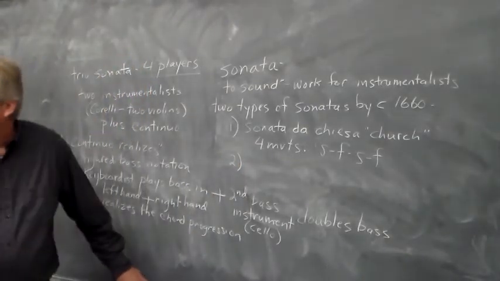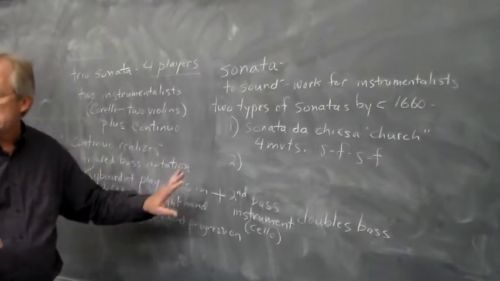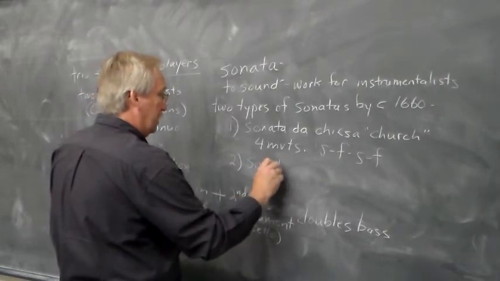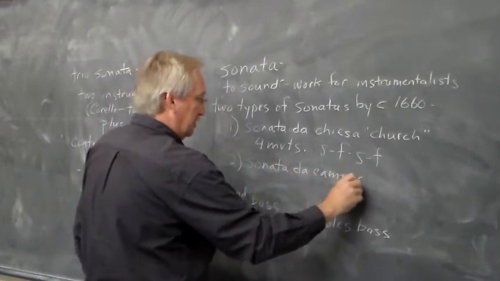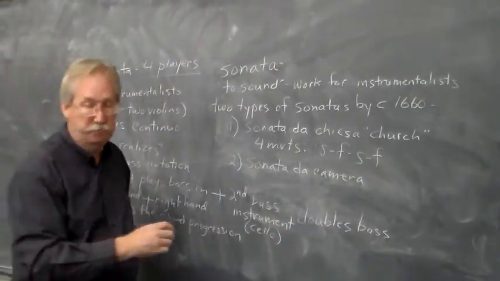The second type then was a collection of dances, and it's called the Sonata da Camera, and that just means chamber sonata.